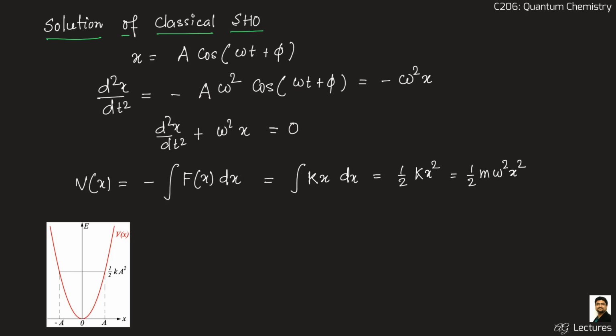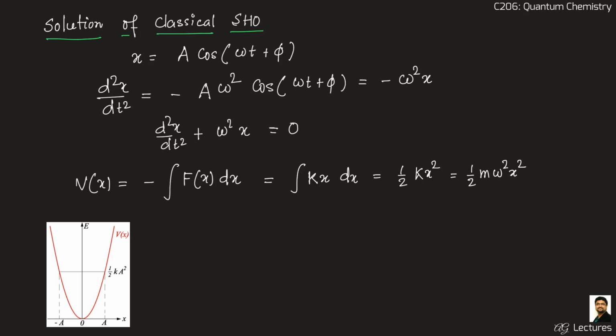So the potential energy is the total energy, and therefore that entire energy is given by half ka square. And then when it goes back and crosses 0, the potential energy is 0 at that time. So therefore the entire energy is now kinetic, again half ka square, and then it goes back and forth, and that is how it goes for a classical oscillator.